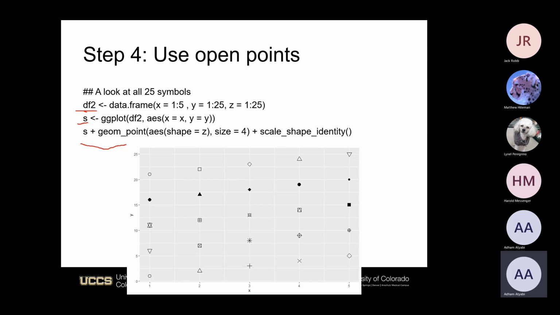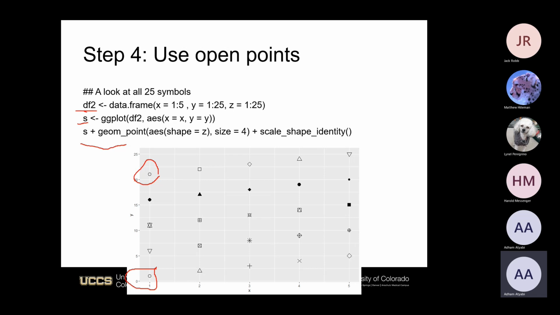And we set the size to 4, and we add the scale_shape_identity in here. This resulted in what we see on the screen. Now, there are multiple candidates in here. One of them is going to be this one that can possibly represent those points that we saw in that graph, and the other one is this one. But it is still possible to convert some of these to those as well.